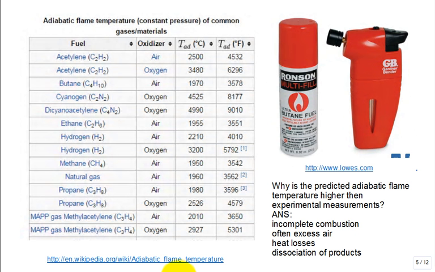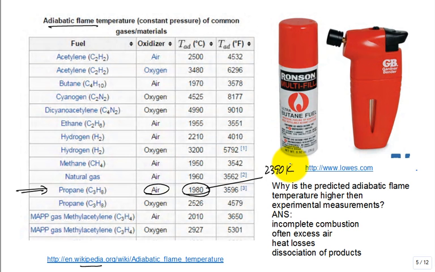Now you take a look at Wikipedia and you say, hey, I think I'd like to know what the adiabatic flame temperatures are of some common gases and materials. Hey, did we just do this for propane? Hey, did we just do this for burning in air, 100% theoretical air? Hey, what's this? 1980, 2390 Kelvin.